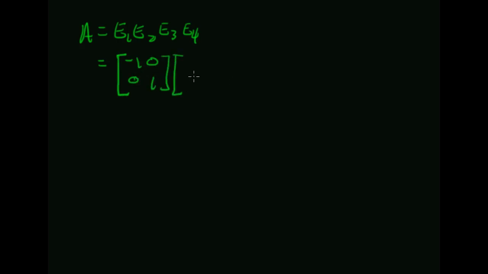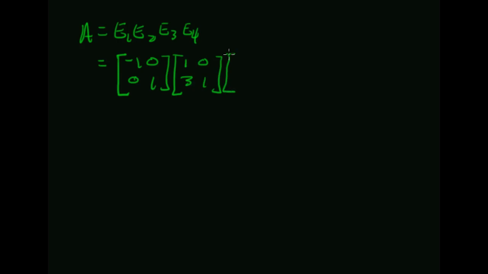So if you actually take those inverses, let's take a look at what you would get. I now have that A is E1, E2, E3, E4, right? And E1 is the inverse of E1 inverse. If you actually took that inverse, you would get -1, 0, 0, 1. The inverse of E2 inverse, also known as E2, would be 1, 0, 3, 1.